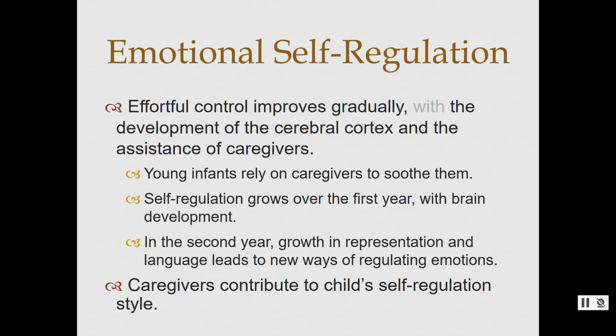And lastly, caregivers contribute to how we regulate. If we see our parents act very dramatically about certain things, we might act in a very similar manner, right? So that's again that culture part of going through these stages that Erikson was referring to. We're very much influenced by those around us.